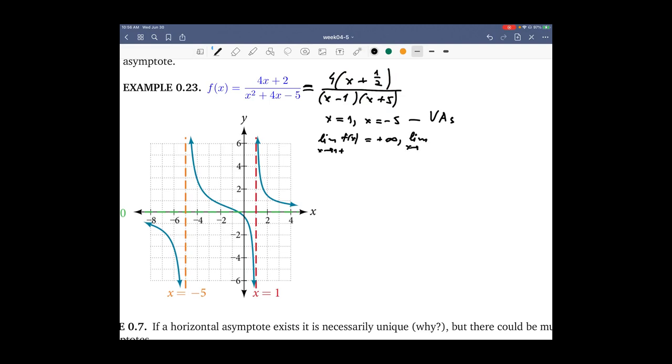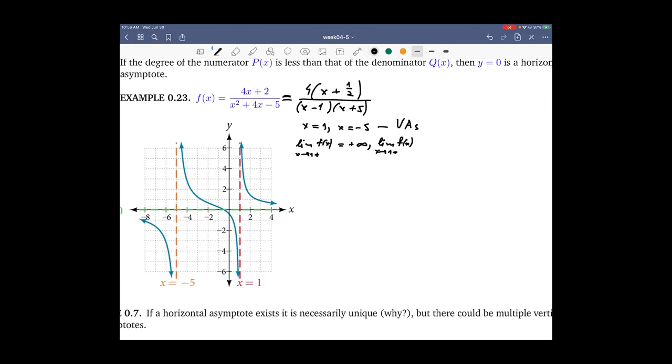At 1 from the left, now x minus 1 is negative. x being roughly 1 makes this positive and this positive. So the entire fraction is negative. That's what we see in the picture. On the left, it's negative infinity. On the right, it's positive infinity.